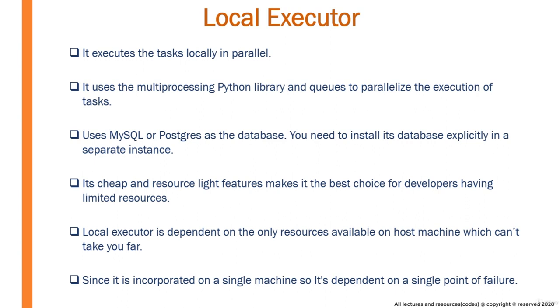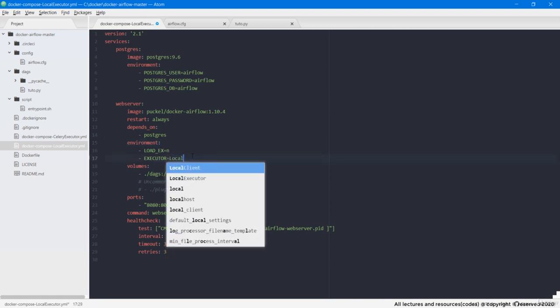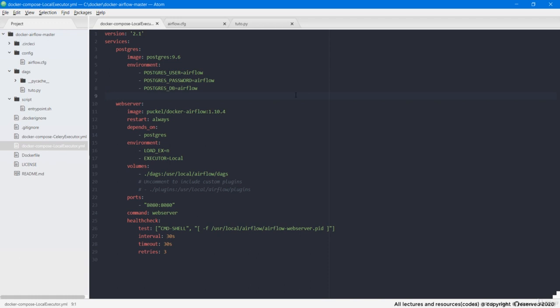So these were some pros and cons of local executor. Now it's time for practice. First thing first, in the Docker Compose file, change this sequential to local. Save it. Since our web browser is already running with sequential executor, we need to restart it.